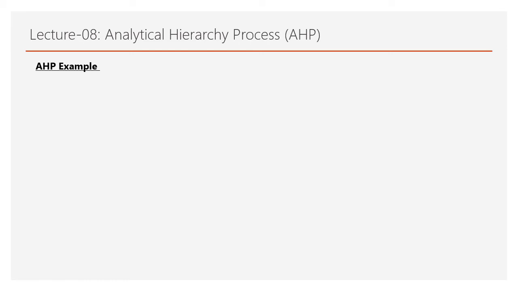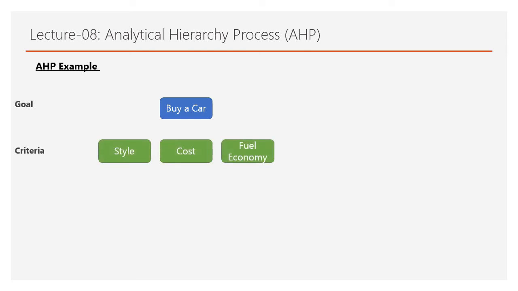So let's do an example together. Let's solve this example and show how we can build an AHP framework or structure and use it to calculate and make our decision. We're aiming to buy a car. This is our ultimate goal, our objective. We defined the criteria that would affect our choice. We have 3 main criteria: the style, the cost, and the fuel economy.